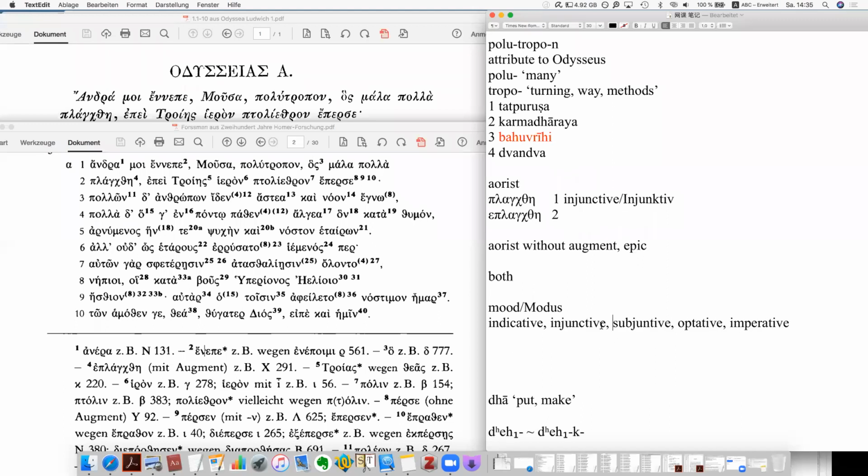The reason why I put injunctive before subjunctive is that injunctive is sometimes more original because it is simpler. It is simpler, right? Because it actually consists of the stem plus ending, and this ending is a secondary ending. So this is injunctive.